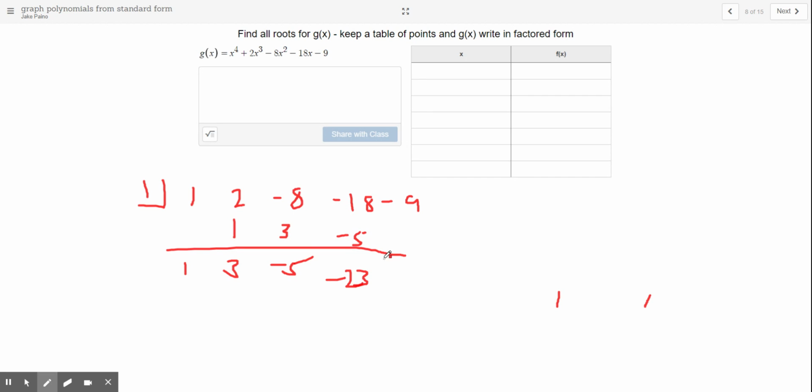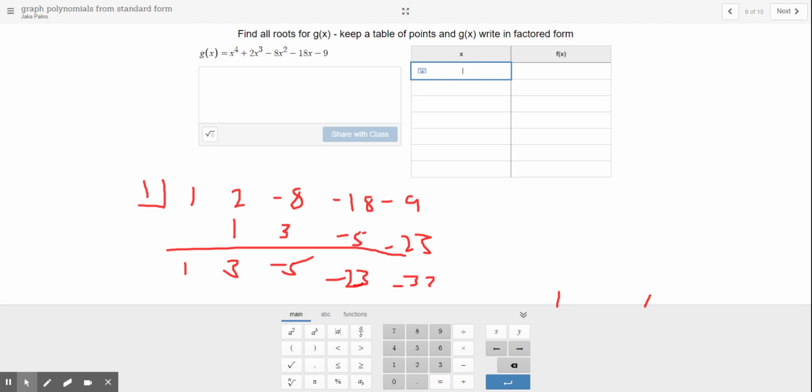Then -9 plus -23 is -32. So 1 is not a zero; the remainder is -32. Let's go ahead and erase that.